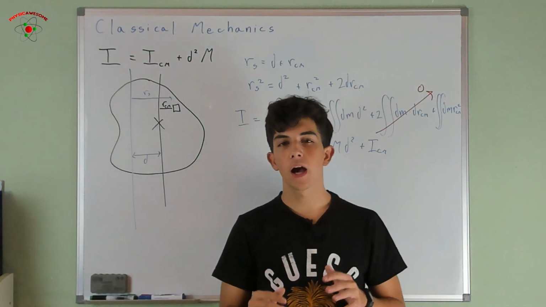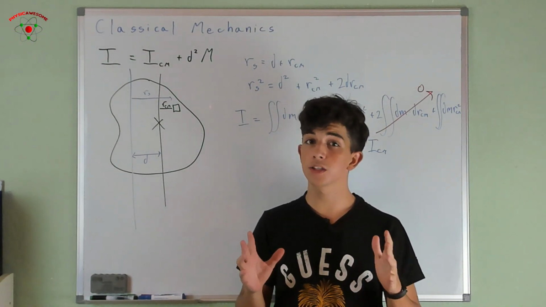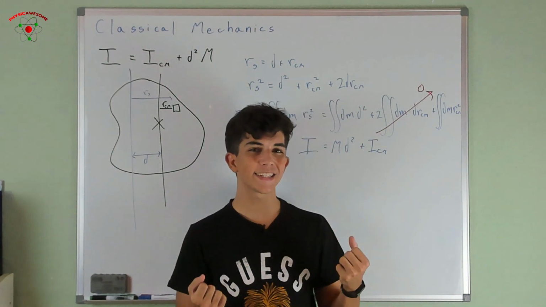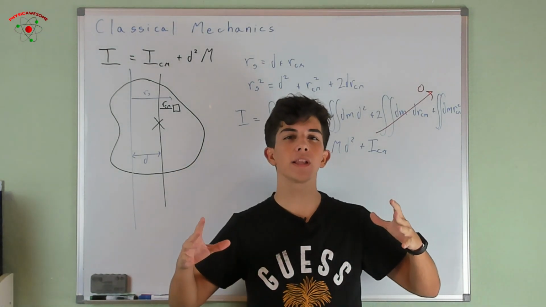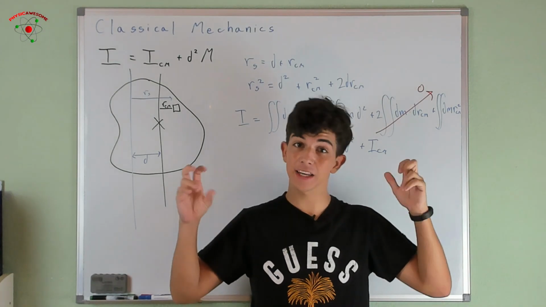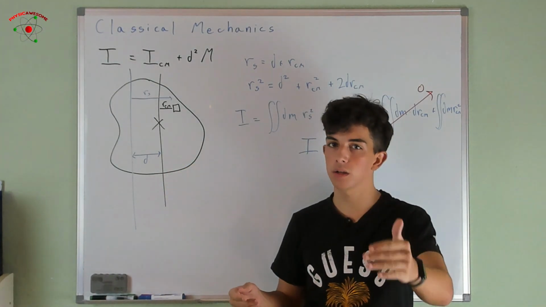That is all for today. I hope you understood more or less how this moment of inertia is related, and also get a sense that, as we will see in the next videos, it's going to be like a mass, an inertial resistance, which is what mass does, in circular motion.